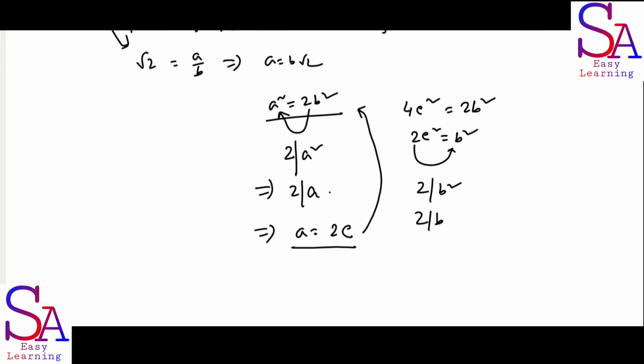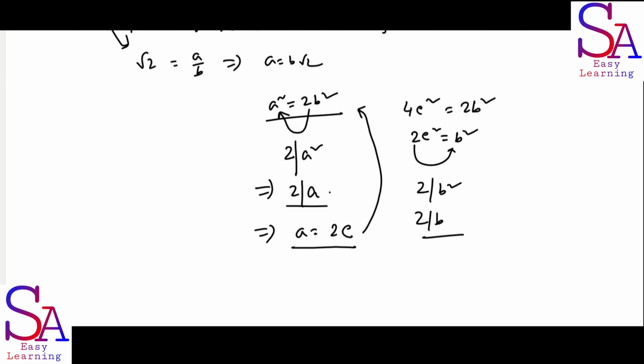Therefore a and b have at least 2 as a common factor, because 2 divides a and 2 divides b. But this contradicts that a and b have no common factor other than 1.